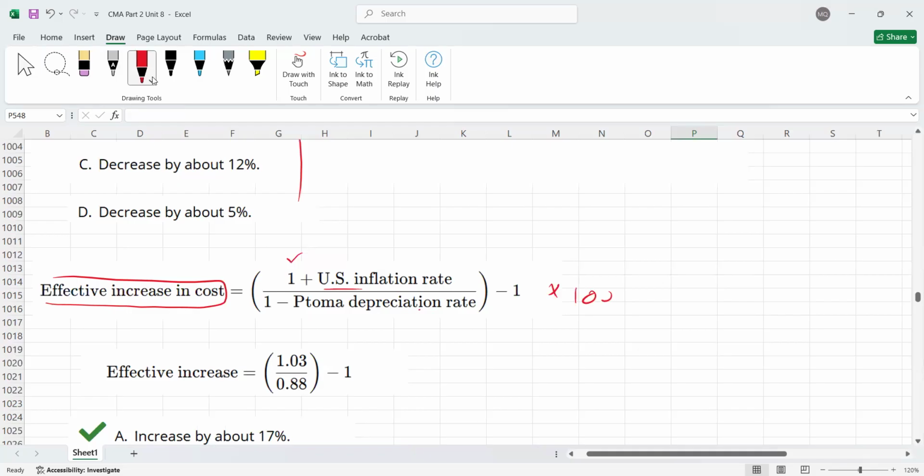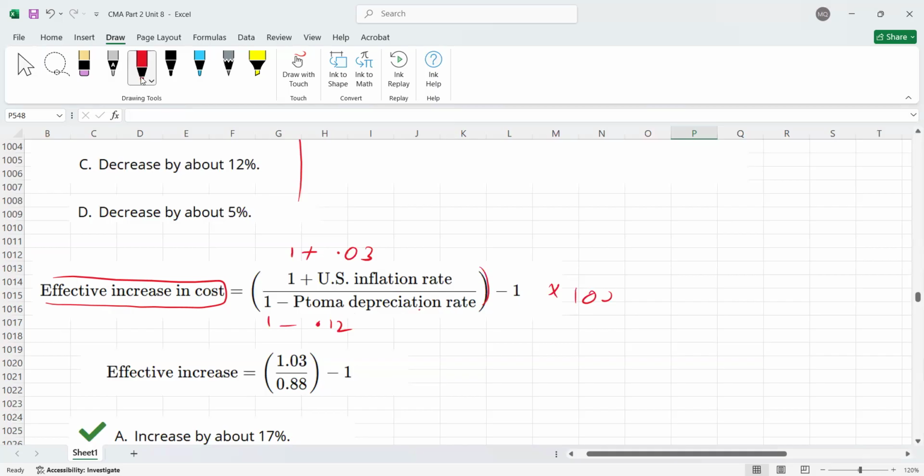Now let's apply the formula. The numerator is 1 plus the inflation rate in the US, which is 3%, or 0.03. Divided by 1 minus the Potama depreciation rate of 12%, which is 0.12. Then minus 1 and multiply by 100.